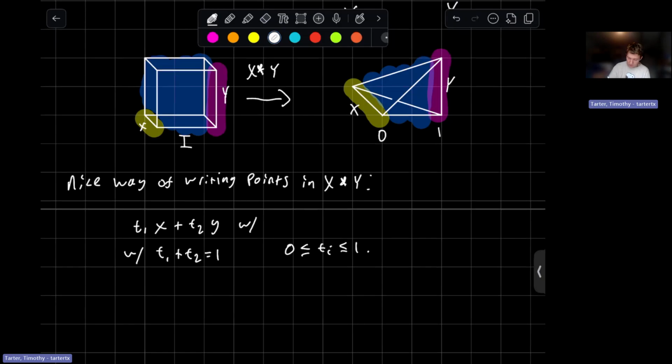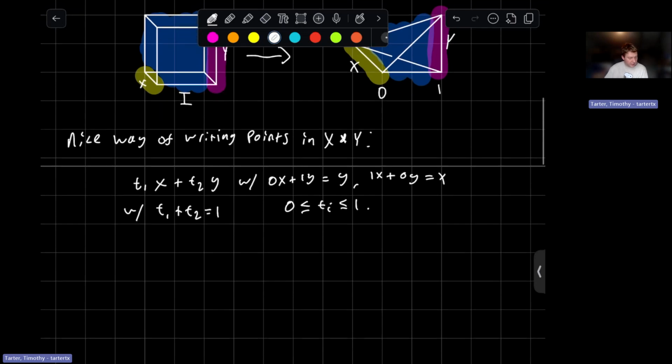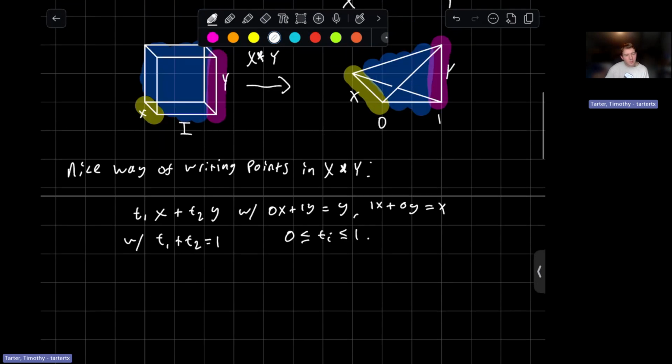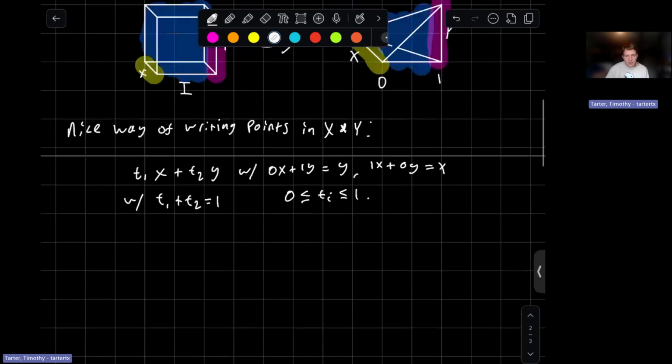And then of course 0x plus 1y is equal to y, and 1x plus 0y is equal to x. And these are the corresponding exact identifications in our mod system.